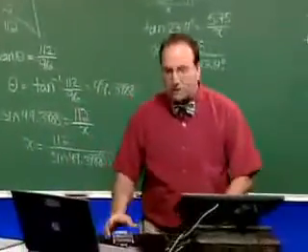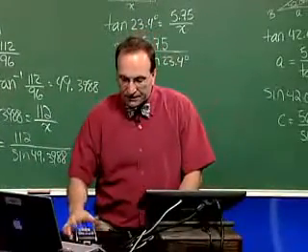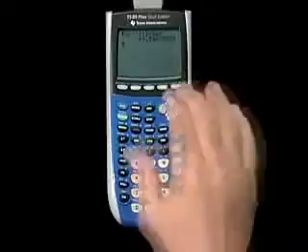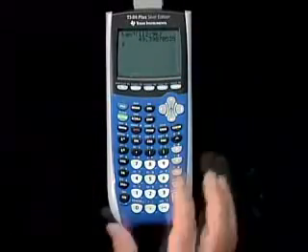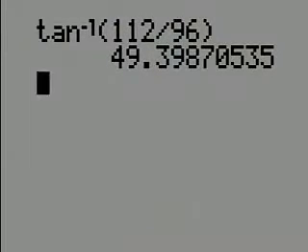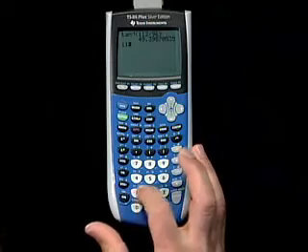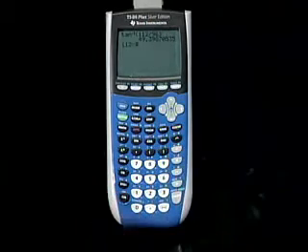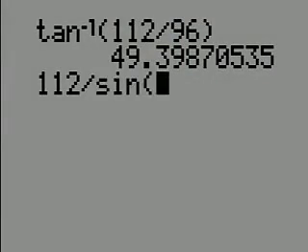So what's good about the calculator is I still have the 49.3987 in there. So what I'm going to do is say that I want 112 divided by the sine, and then I can plug in second answer function.